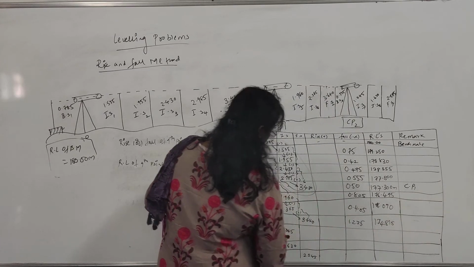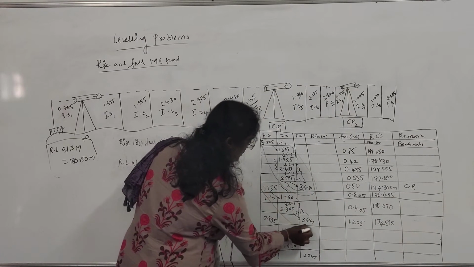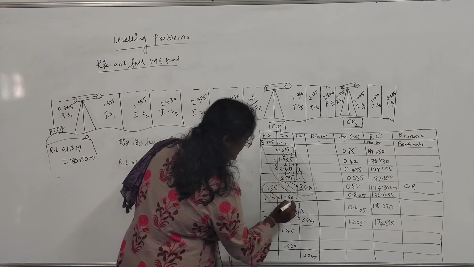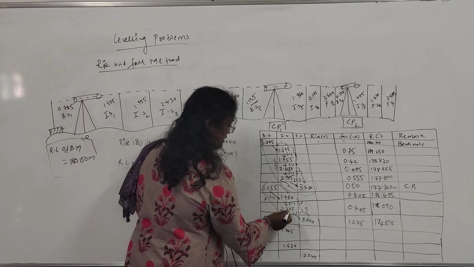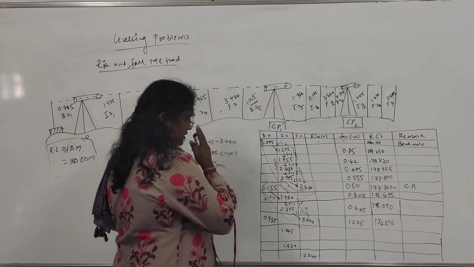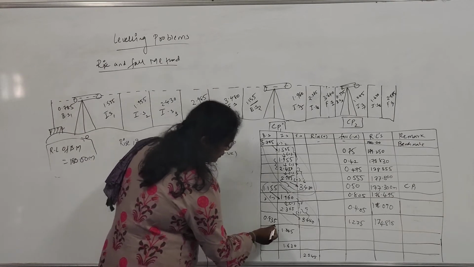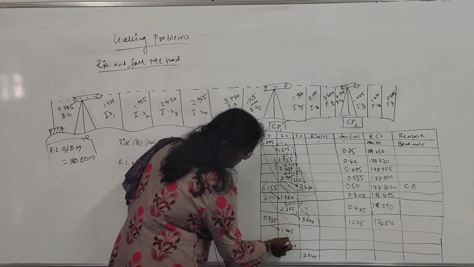Right? Here we have finished one more cycle, 7th, 8th, 9th. Here to here, here to here, here to here. 3 you have got.